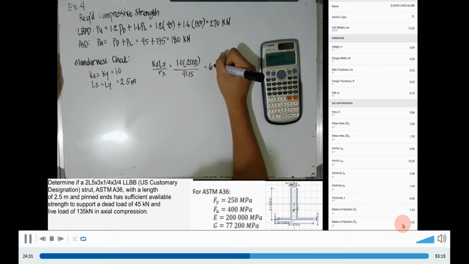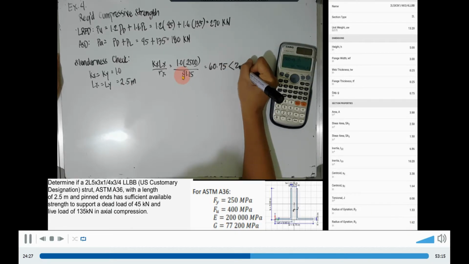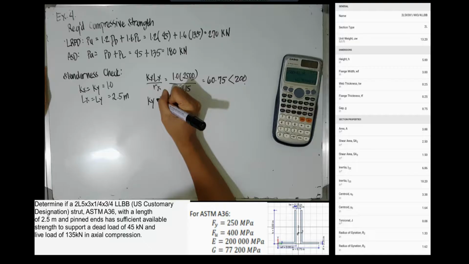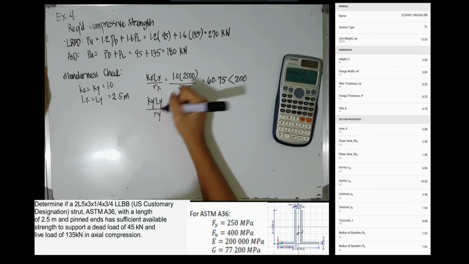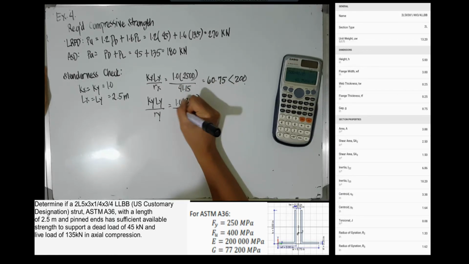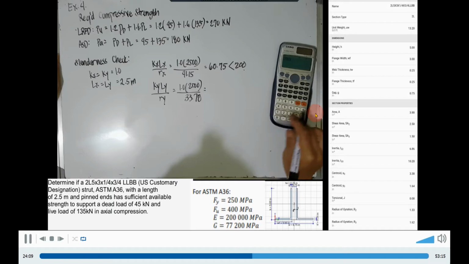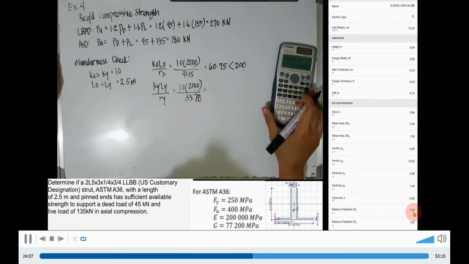So converting 1.62 into millimeter, it is equal to 41.15. And the radius of gyration in Y is 1.33.